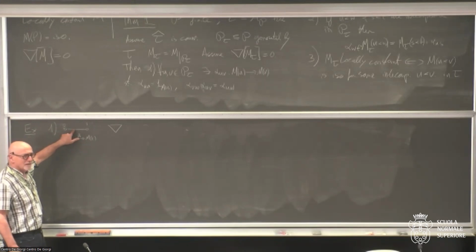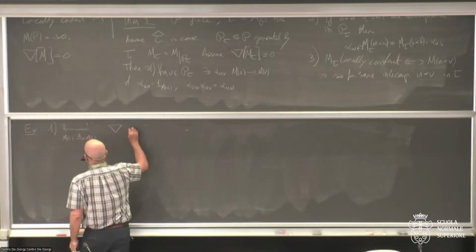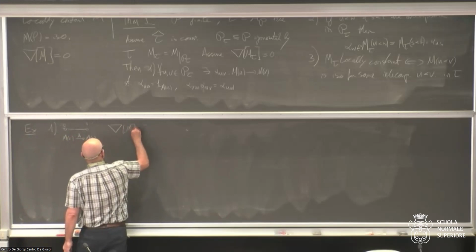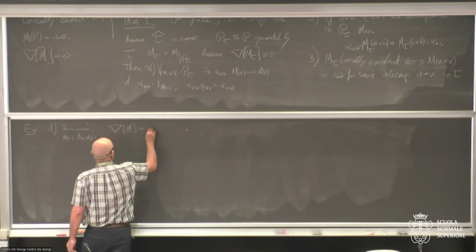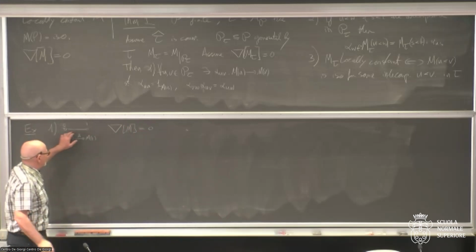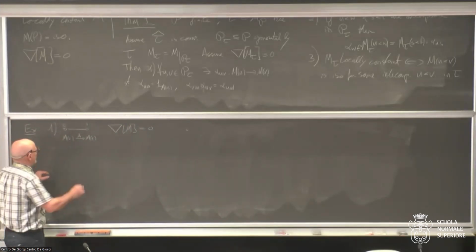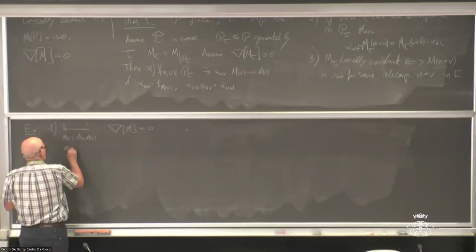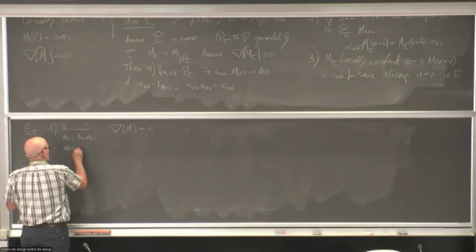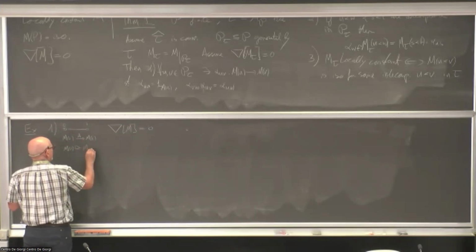So this morphism gets forgotten completely. So nabla of this is going to be 0, because all you're doing is just subtracting the corresponding vector spaces. Well, provided that M0 and M1 are abstractly isomorphic, not necessarily through A.